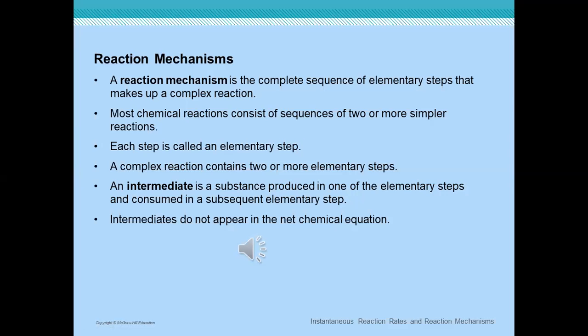Each step is called an elementary step, and a complex reaction contains two or more elementary steps. An intermediate is a substance produced in one of the elementary steps and consumed in a subsequent elementary step. Intermediates do not appear in the net chemical equation.